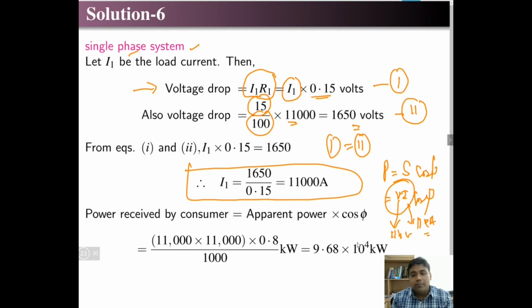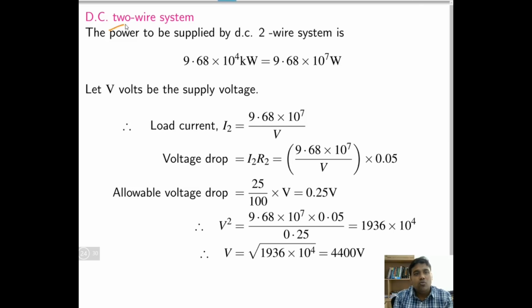So you can obtain the power as 9.68 × 10^4 kilowatt. Now the same amount of power has to be transmitted using a DC two-wire system. So the power 9.68 × 10^7 watt has to be transmitted by the DC two-wire system. So what will be the new voltage and the load current?